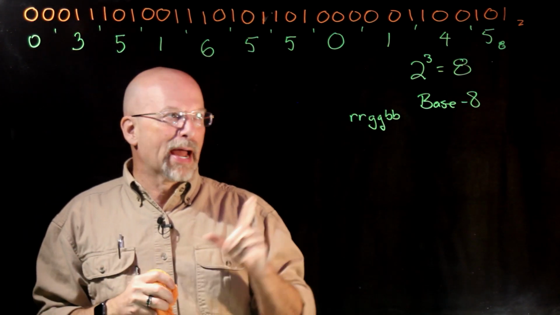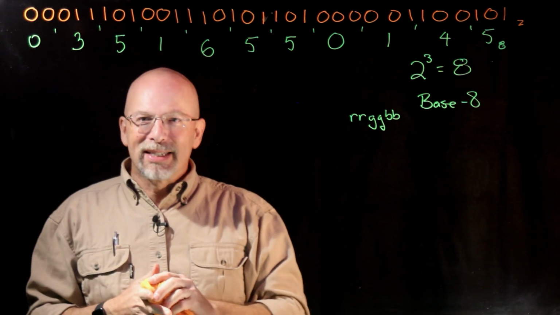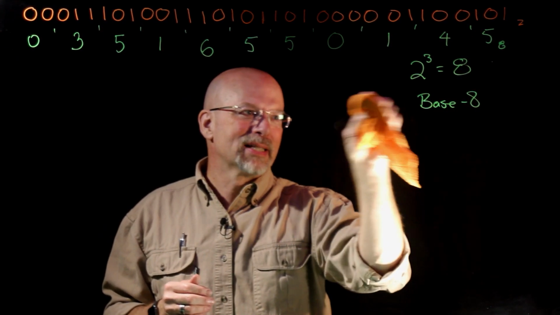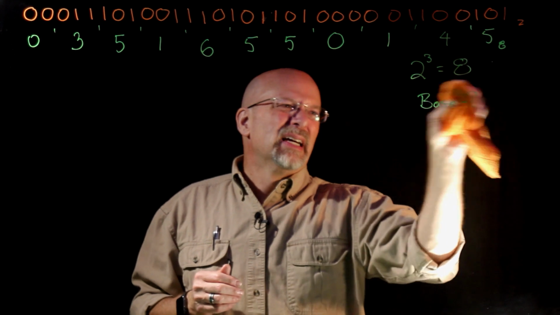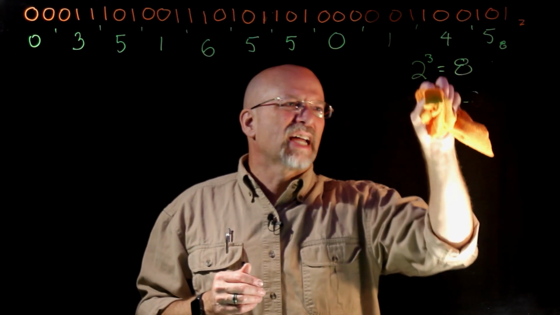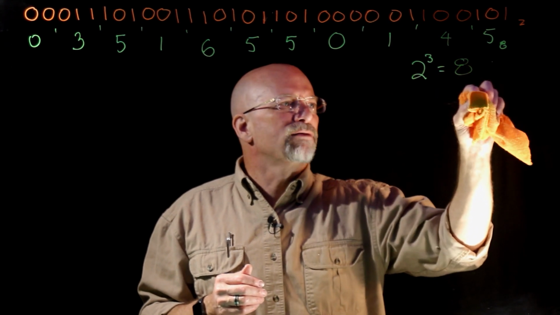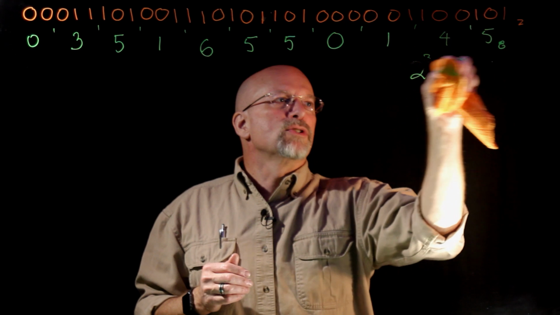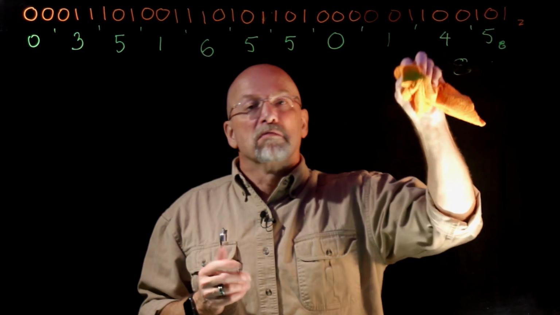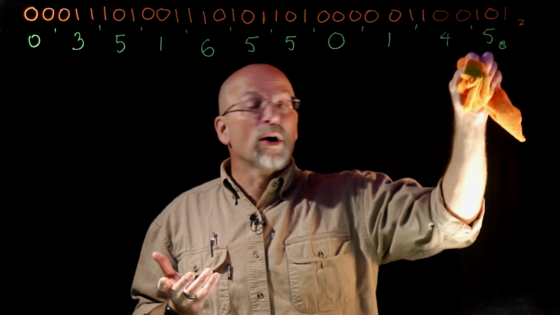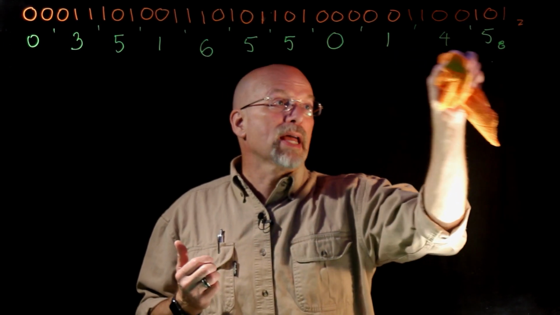Wouldn't it be easier to just go straight from binary to a representation that's easy to do in the computer? Now, the reason I start with base 8 is because back in the old days, and when I say back in the old days, we're probably talking 1950s, 1960s, most computers stored values in groups of 6, 12, 24, 48 bits.